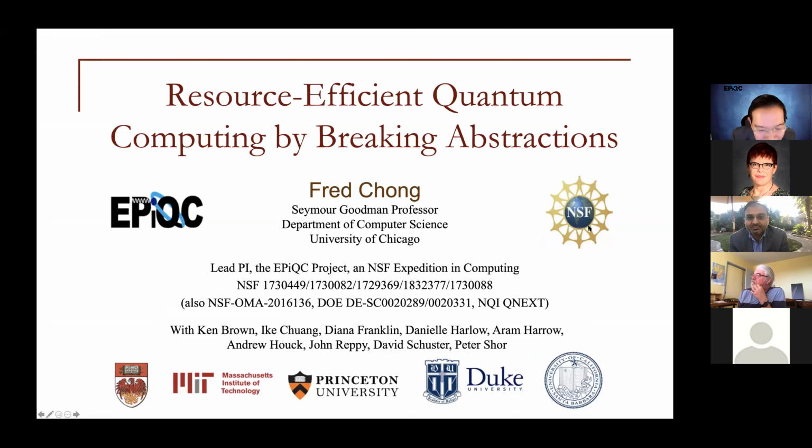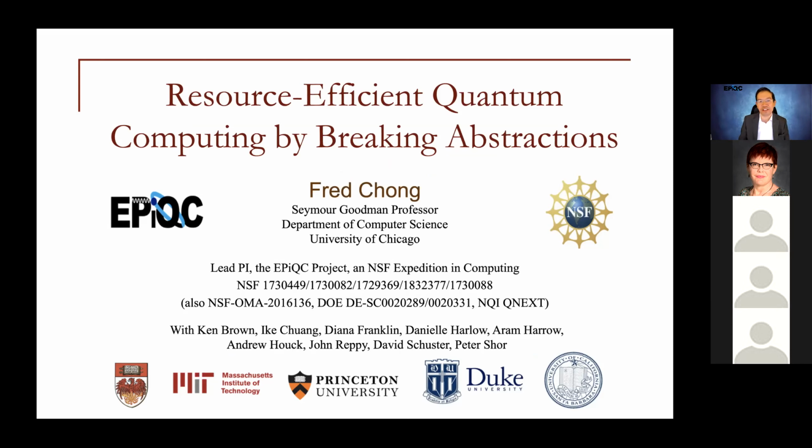All right. So as Erfan mentioned, I lead this project called EPIC, and a lot of what I'll talk about is work that we've done with my great collaborators at MIT, Princeton, Duke, and Santa Barbara. What I'm really going to focus on today is a great advantage I think that we can get from full stack optimization of our software, which we want to be perhaps more physics aware than we're used to, at least for those of us who come from the classical computing side.